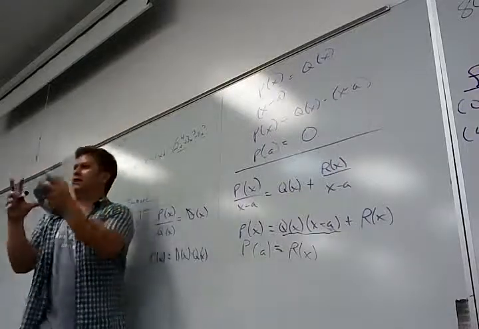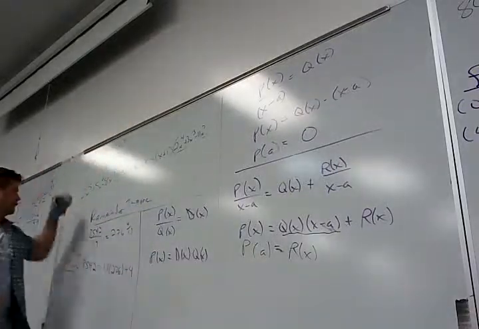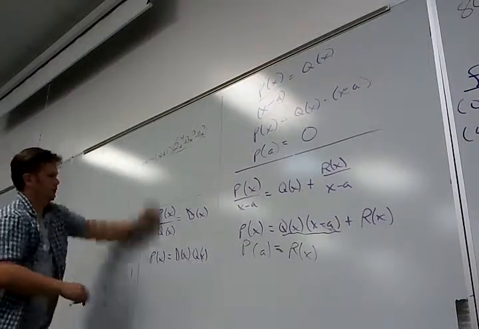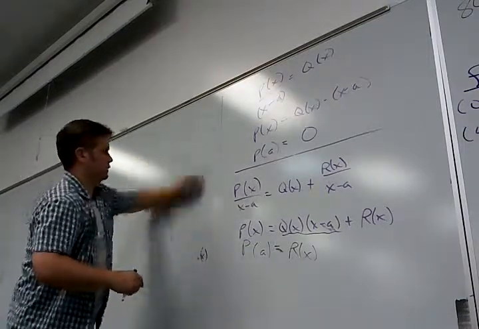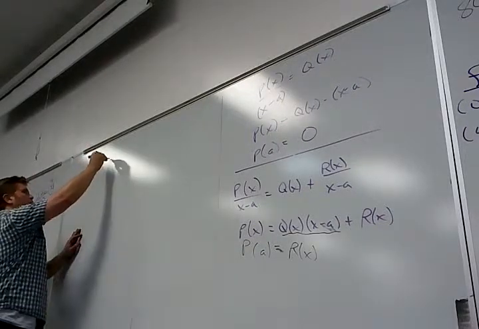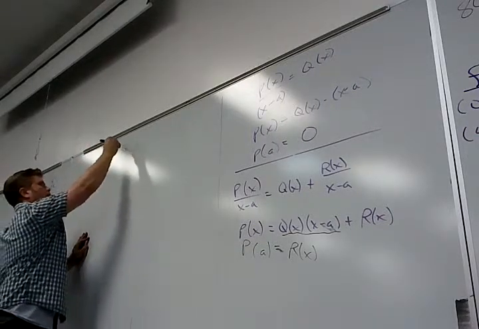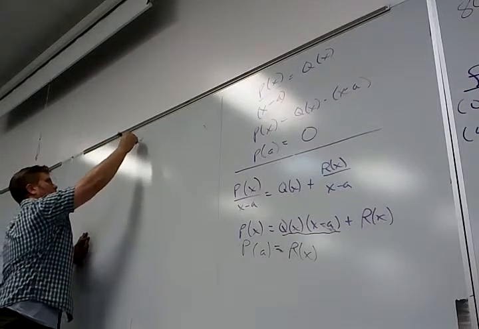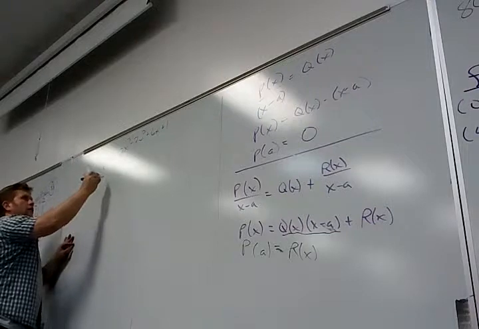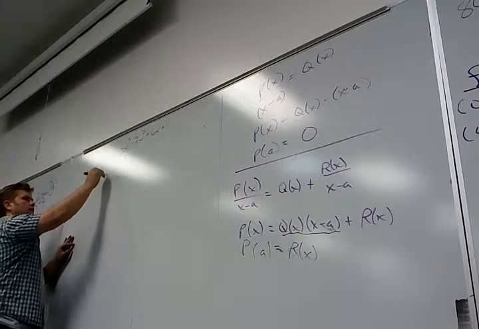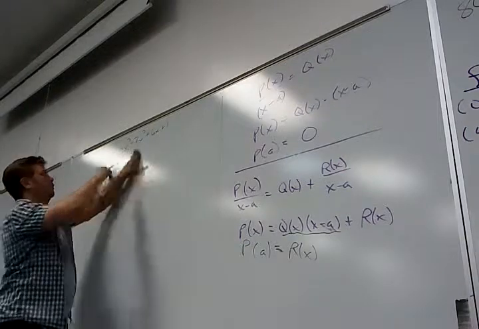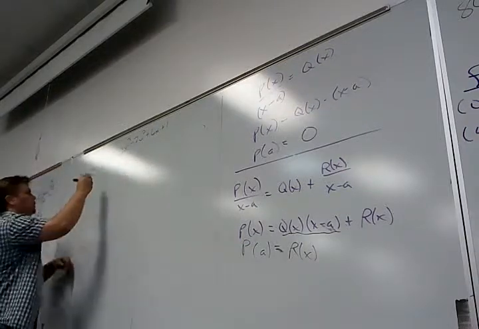So let me show you a concrete example of what I'm trying to say. Got to get through this theory to understand why it works. Let's say P of x is 2x cubed minus 7x squared plus 6x plus 1, and then divide that by x plus 2.